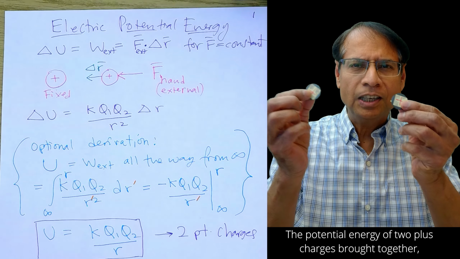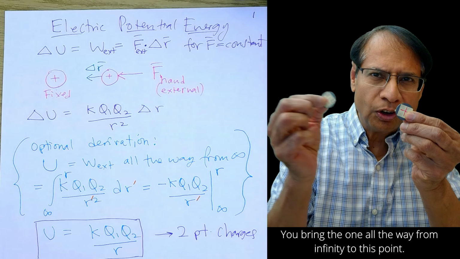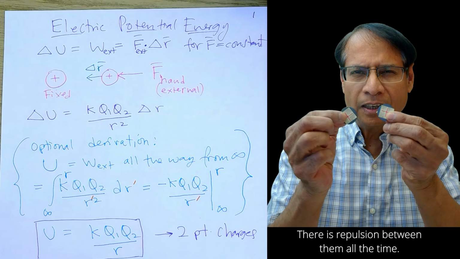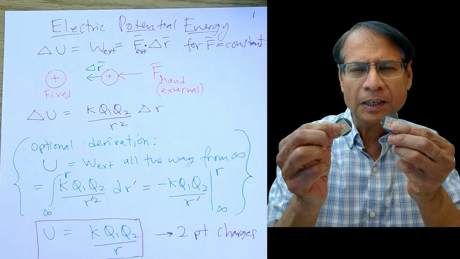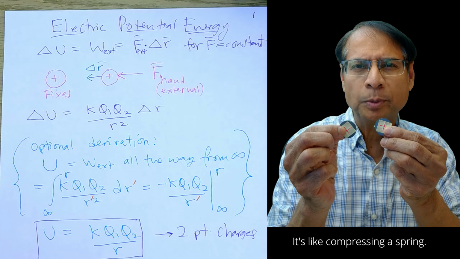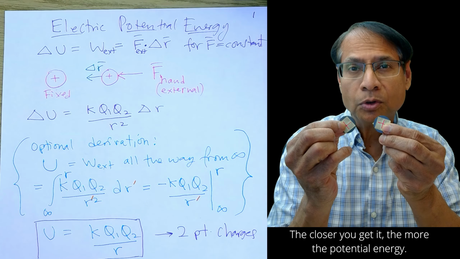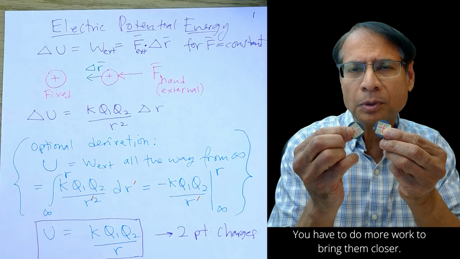The potential energy of two positive charges brought together, one is fixed, you bring the one all the way from infinity to this point, there is repulsion between them all the time. So as a result, you build up potential energy. It's like compressing a spring. How much is that potential energy? The closer you get it, the more the potential energy. You have to do more work to bring them closer.